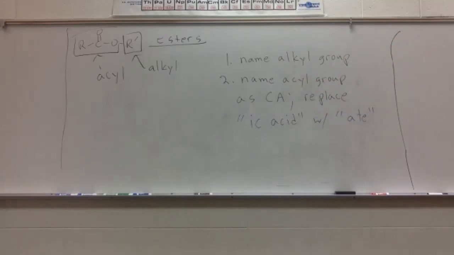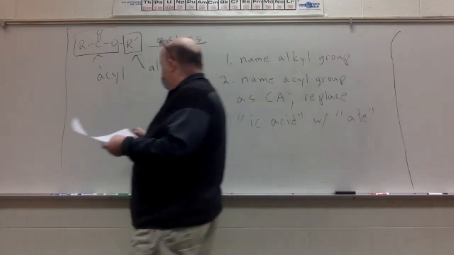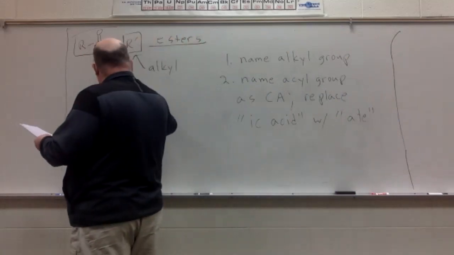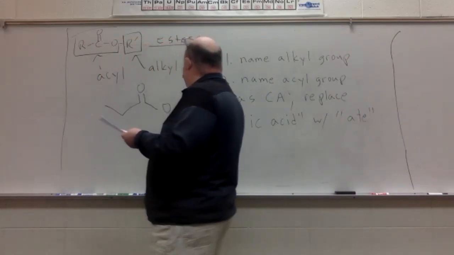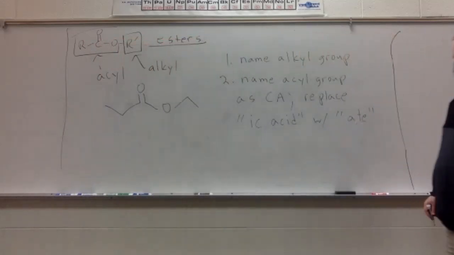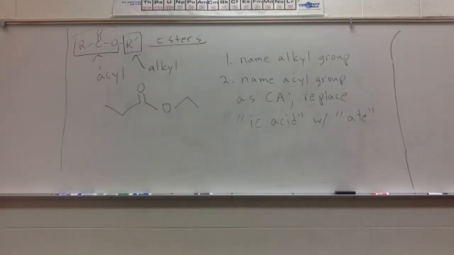Okay. Let's take a look at a couple of them. All right, so there's an acyclic ester. What's the first word in our name going to be? Remember, this is a little different than the other one since we have the alkyl and acyl portions.